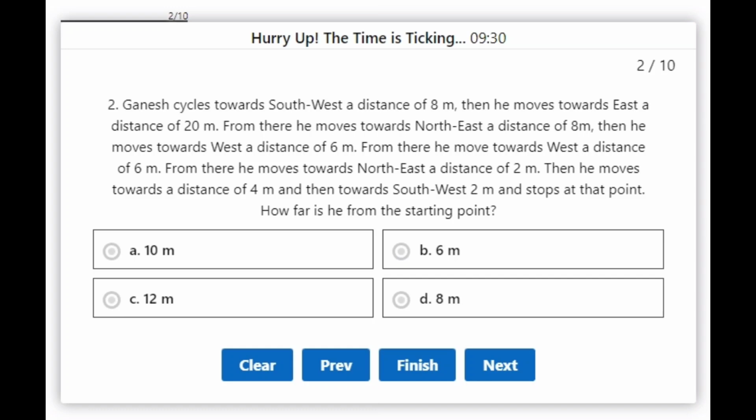From there he moved towards northeast a distance of 2 meters. Then he moved a distance of 4 meters and then towards southwest 2 meters and stops at that point. How far is he from the starting point? And the options are A 10 meters, B 6 meters, C 12 meters, and D 8 meters.